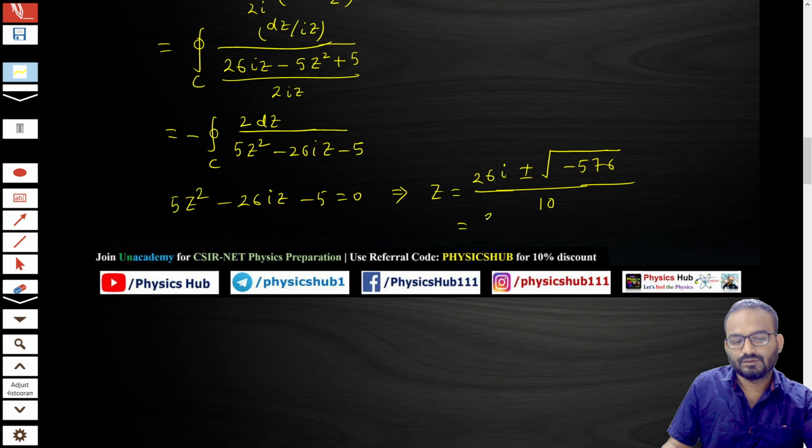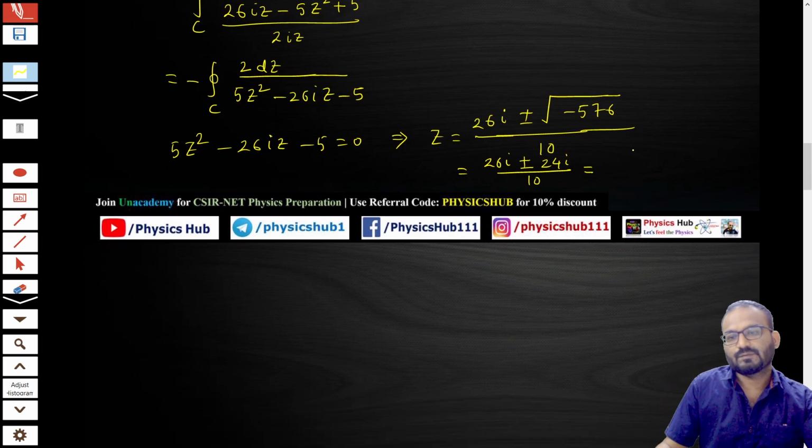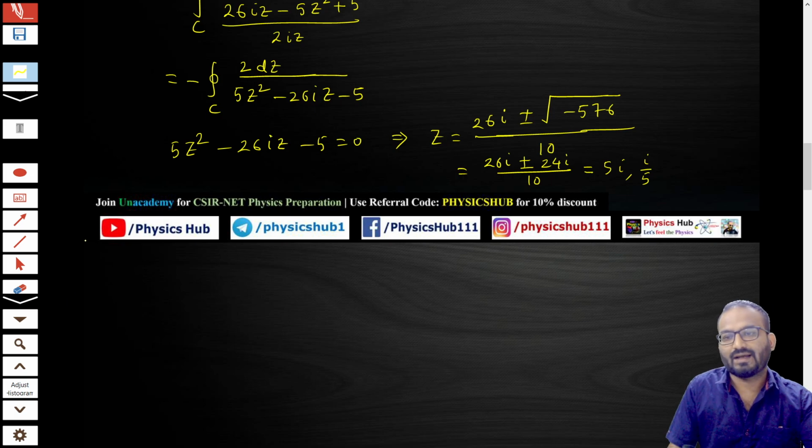This will produce 26i plus minus 24i by 10. So one value will be 5i and another value will be i by 5. So what is the position of 5i and i by 5?